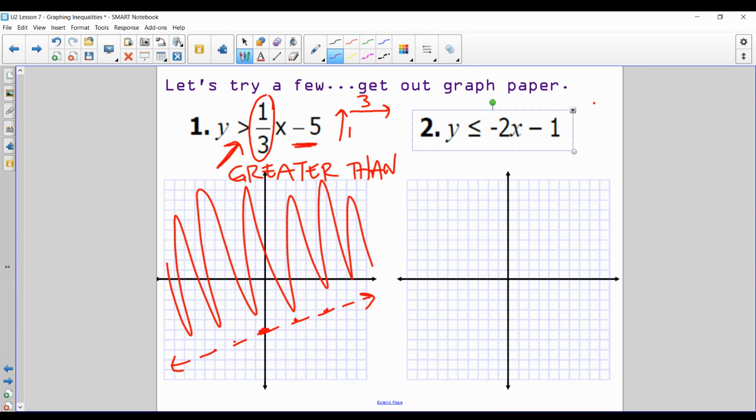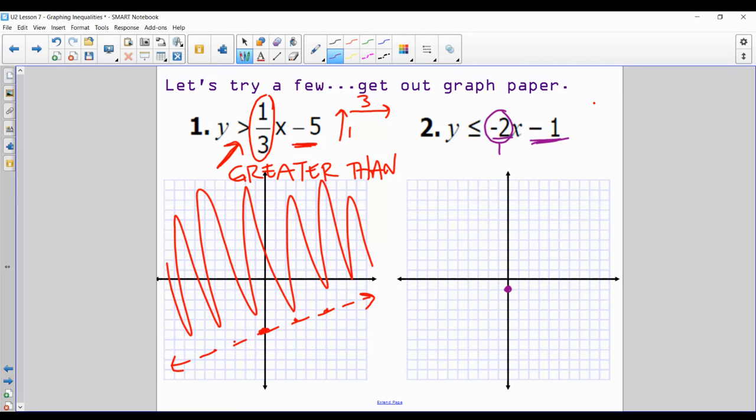Okay, with this second one, still in slope-intercept form, I look for the y-intercept to start. Put my point at -1. Use my slope of -2.